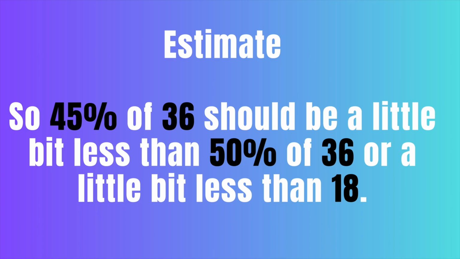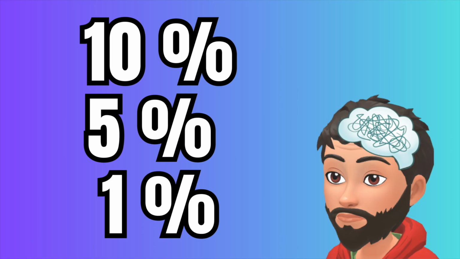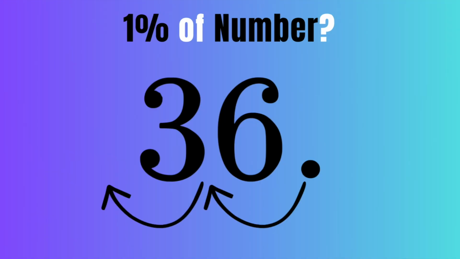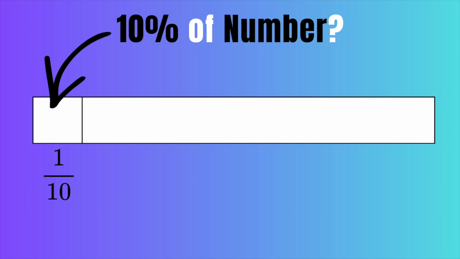A strategy that you could use to find 45% of 36 is what I like to call the 10-5-1% rule. If you know how to find 10% of a number, you can find 1% of a number, and you can find 5% of a number. So remember, 10% of a number is just 1/10 of that number. So 1 part out of 10 of 36.